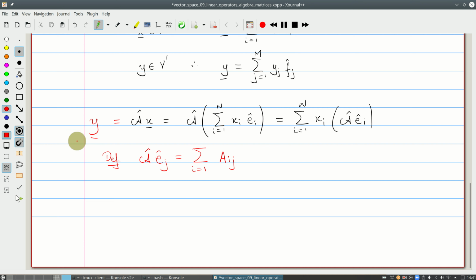Hello, back again. I'm going to modify what I was getting at, as I just made a slight mistake here. So let's erase some of the stuff. What I want to do is to know what A hat does to Ei hat.